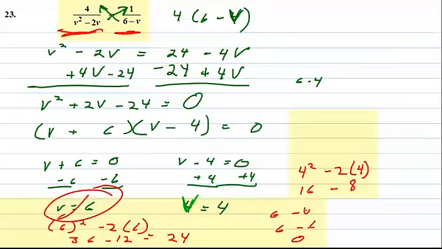Well, that's not 0. So that solution is okay for that denominator. What about the other denominator? The other denominator is 6 minus v, and we're plugging in 4. Well, that's okay as well. So therefore, our solution set is just 4.